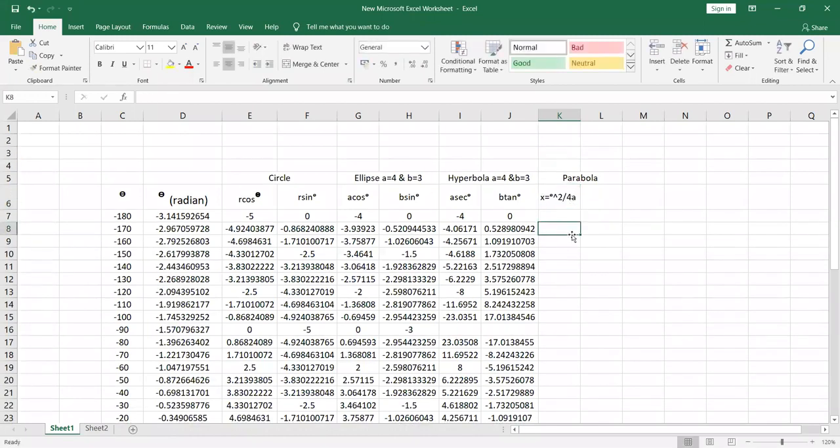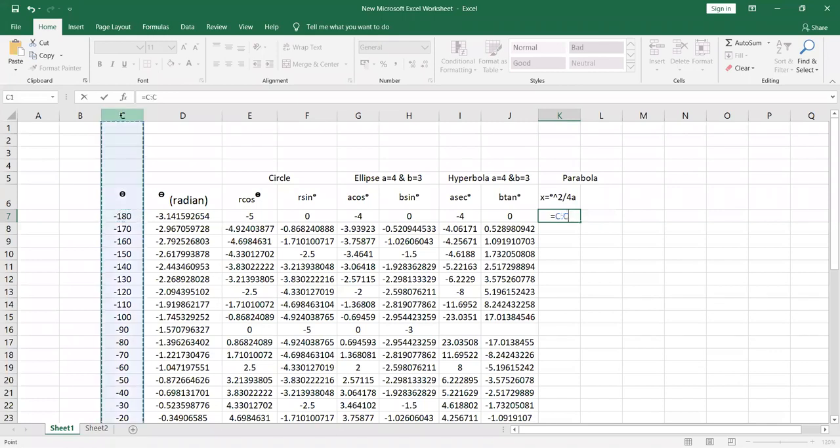This is the column that we have to use for the case of parabola. So use the function is equal to, select the theta, see the column number C, this column. So theta, then shift 6 and 2, it means theta square.